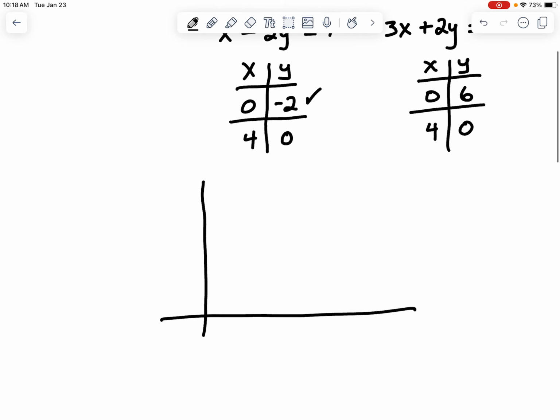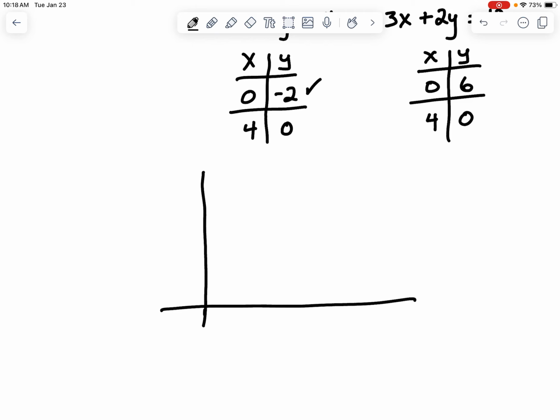Now that itself is not in the first quadrant, so I still have to use y equals -2, but when I draw the line, I'm only going to pay attention to the part that's in the first quadrant. But I still need to use -2 to help me draw the line. And then this point says if x equals 4, let's say it's right about there, and then draw that line.